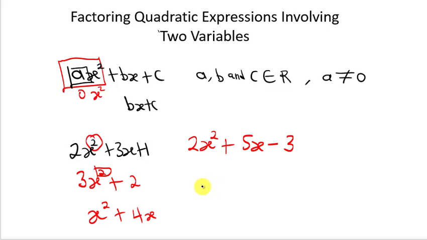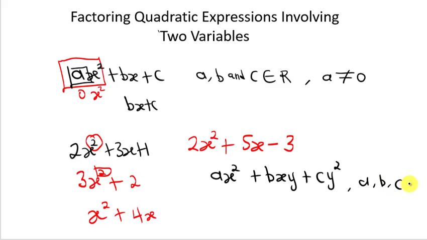Let's consider this. Quadratic expression involving two variables is of the form ax squared plus bxy plus cy squared, where a, b, and c are all real numbers.